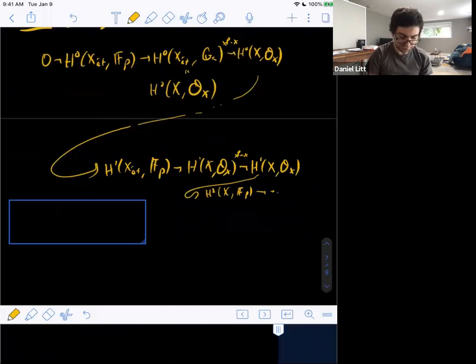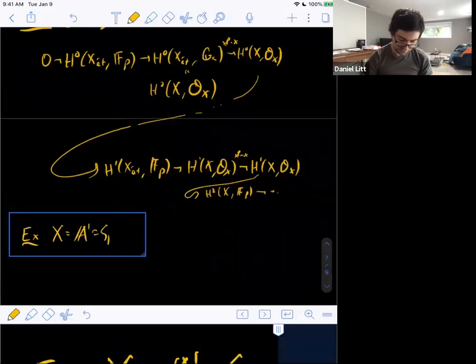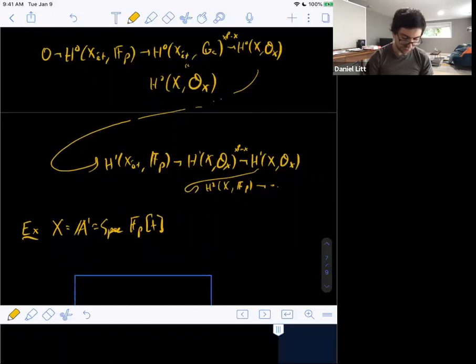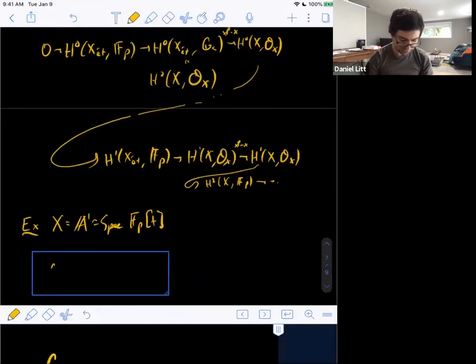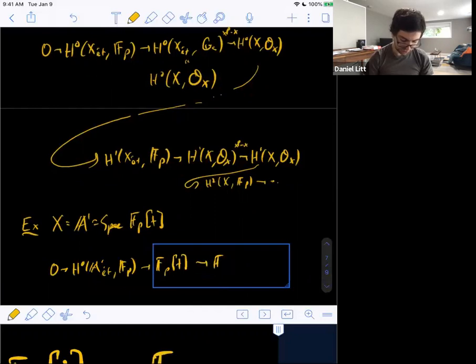Just as an explicit example, if X is A^1, that's Spec of F_p adjoin t, we get an exact sequence 0 to H^0(A^1, F_p) to H^0(O_X), which is just F_p adjoin t, to F_p adjoin t again, via the map t goes to t to the p minus t.